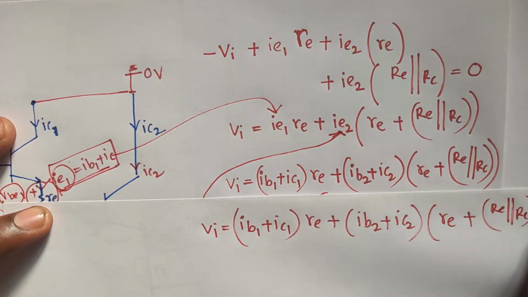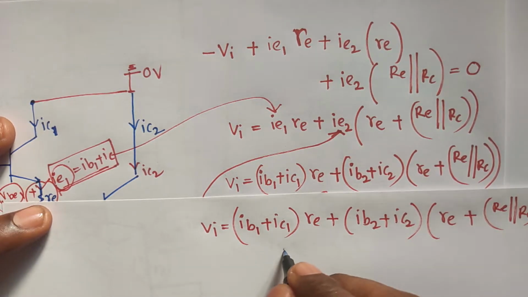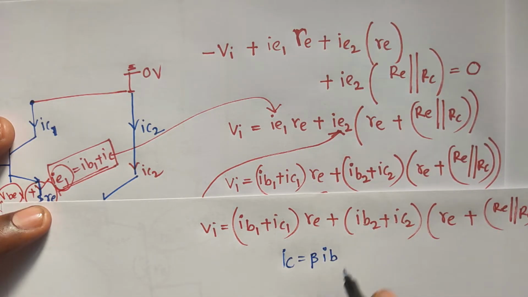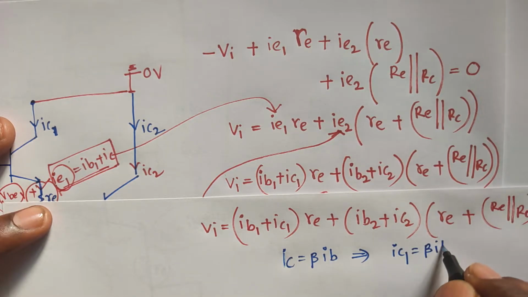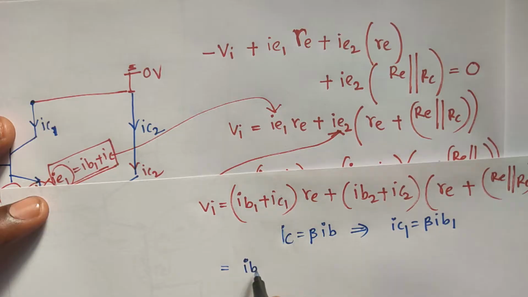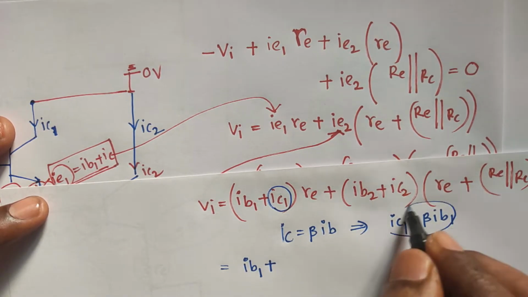RC. In this expression here IC is equal to beta into IB. So in this function IC1 is equal to beta 1 into IB1. So both are substituted in this. Here IB1 plus IC1 is equal to, what is the meaning of this?